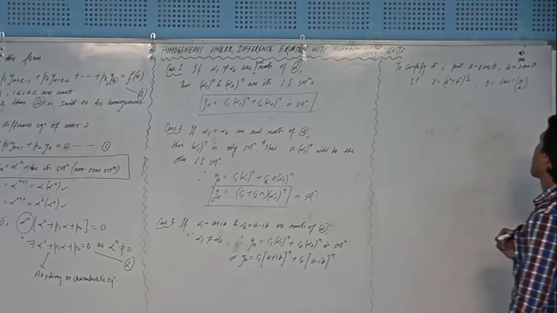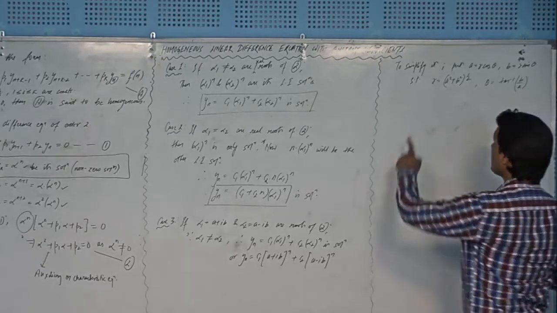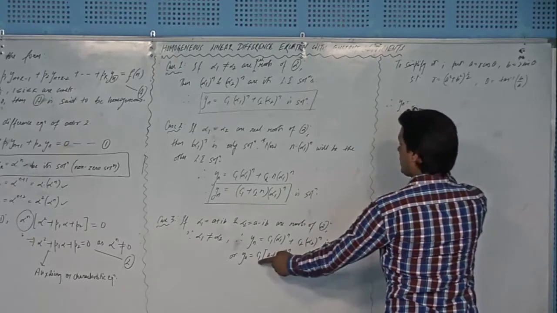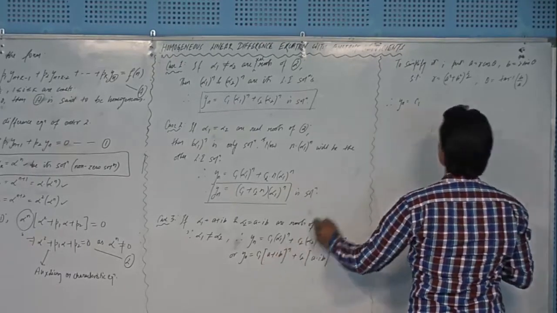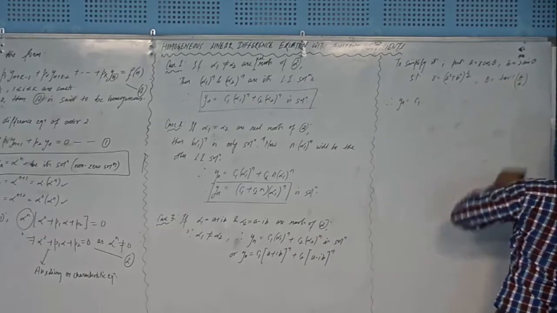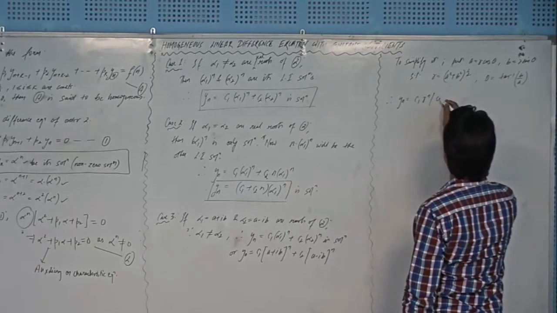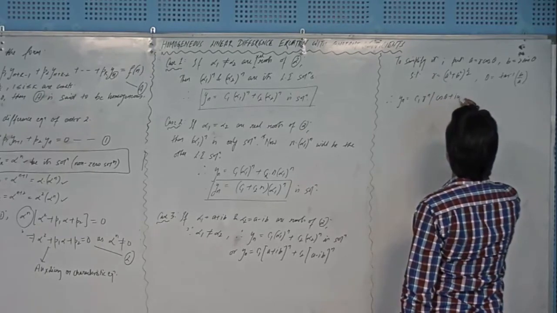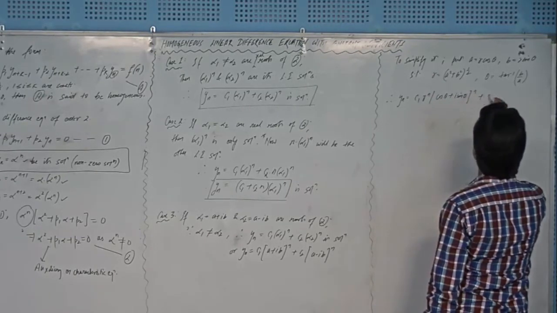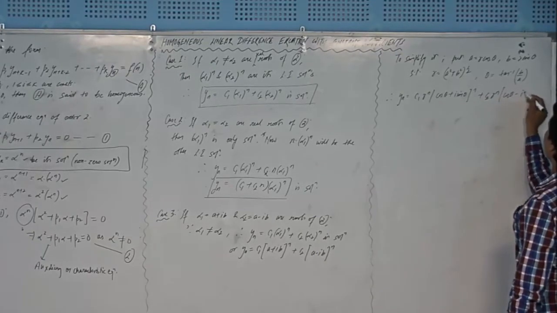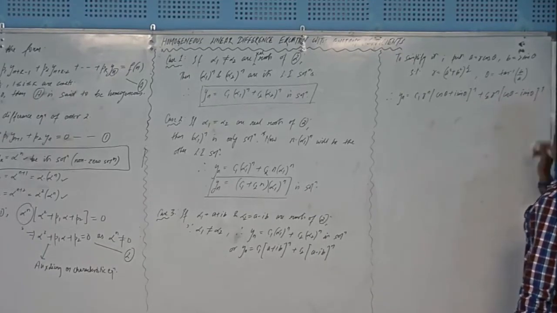Okay, and putting these values in my solution, this will give you y n equal to C1 times (a plus iota b), where the value of a is this one and b is this, so r will be taken common like this, and here we have (cos theta plus iota sin theta) whole to the power n, and similarly C2 r to the power n (cos theta minus iota sin theta) whole to the power n.